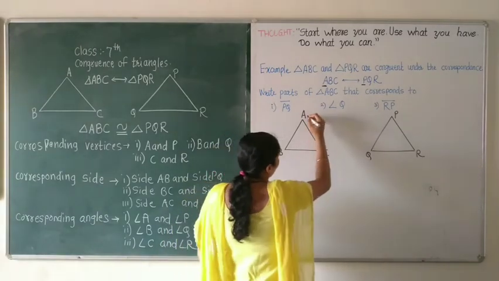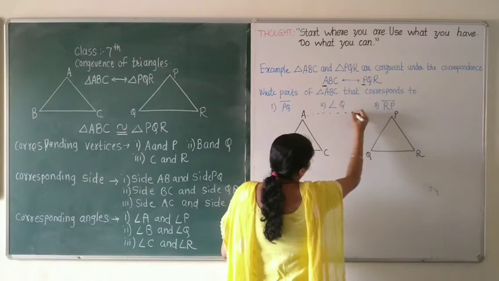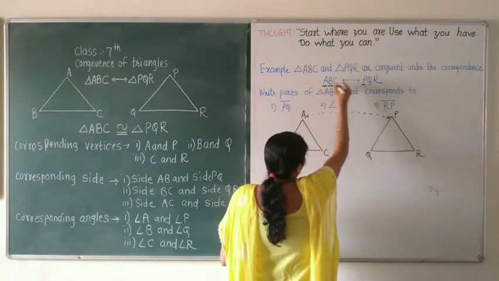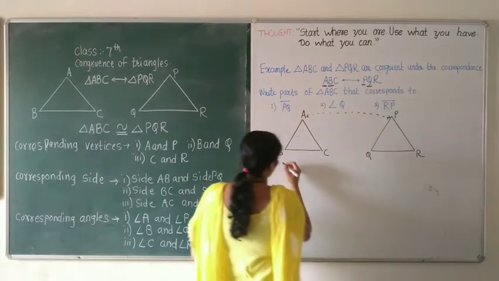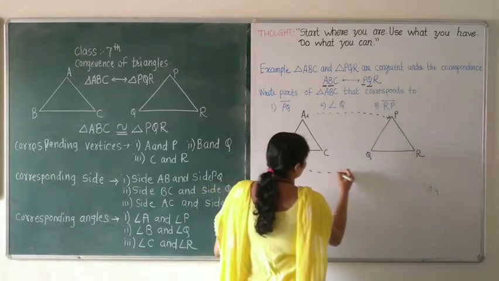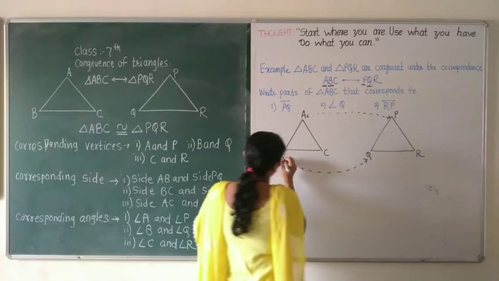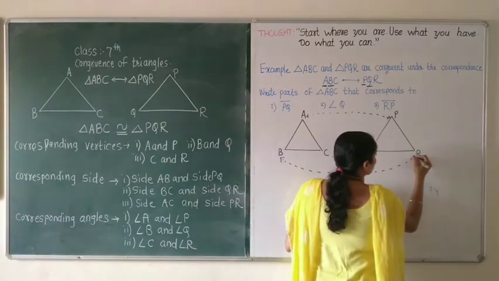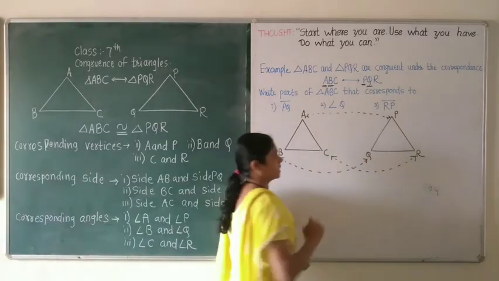So A corresponds to P and B corresponds to Q, and like that C corresponds to R.